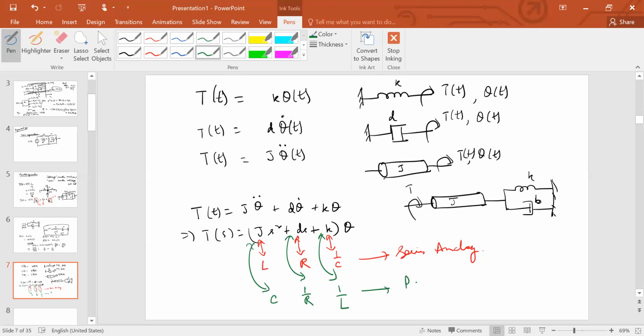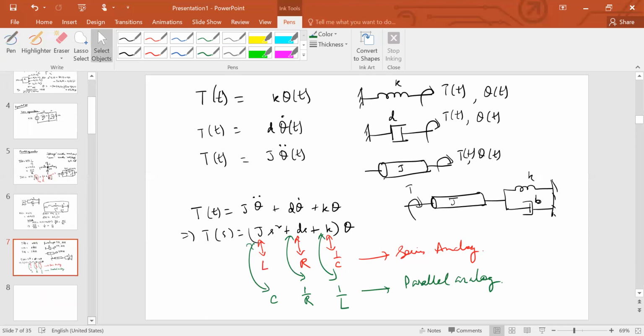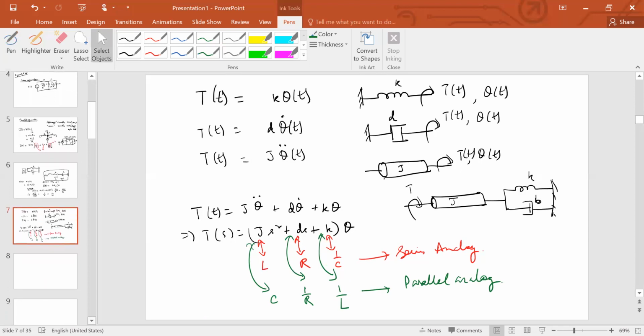So this is the parallel analog. As before, you'll see that the parallel analog preserves this notion of through variables and across variables. So more physical insights are to be had from a parallel analog, which is what incidentally motivates our need for this parallel analog.